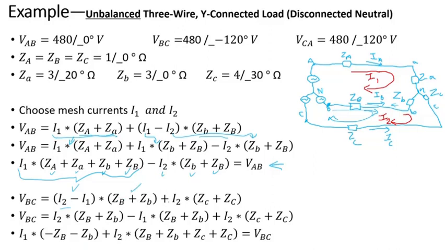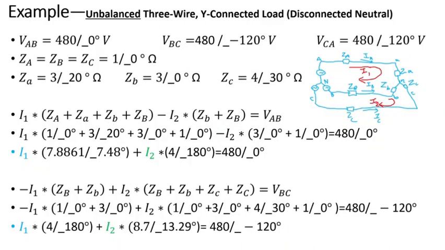Probably I should have put different symbols to avoid confusion, but one ZB is lowercase, the other is uppercase. Plus I2 times ZC plus zc. Again, some algebra because I want to put I1 on one side and I2 on the other side, so I get this equation. So I have two unknowns and two equations, and I should be able to solve for I1 and I2.